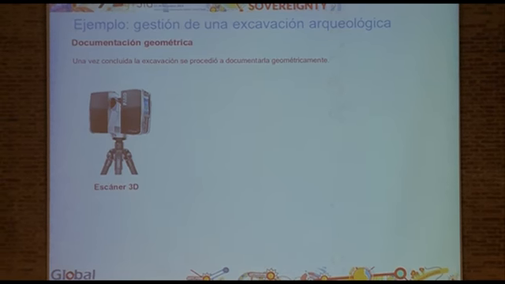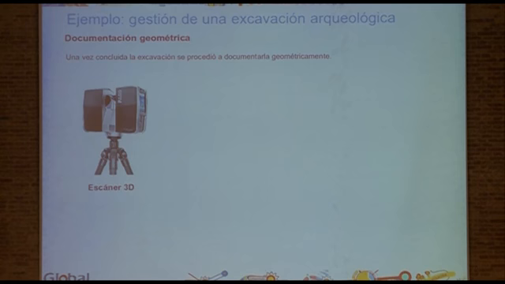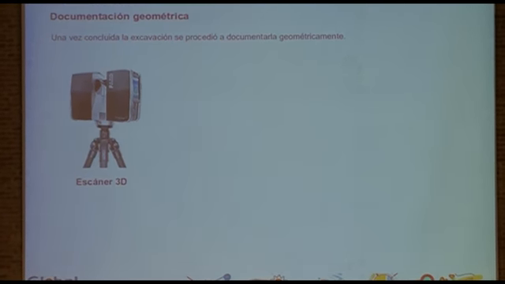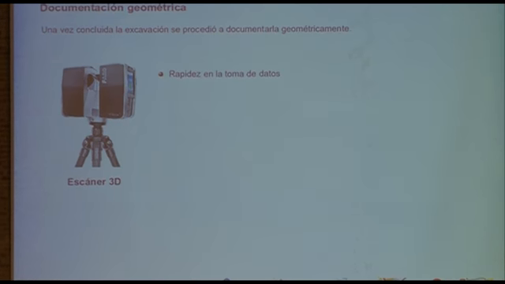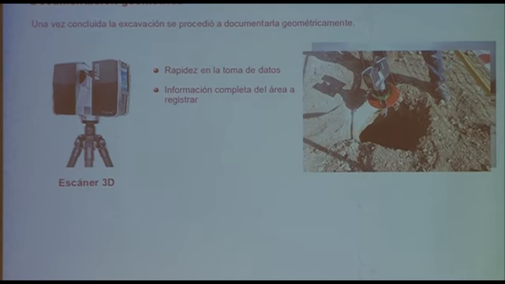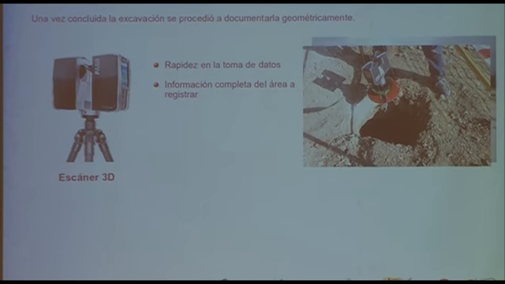We are a 3D geomatic company. We have our own scanner, so documentation could be faster and more complete. Data were collected a lot more quickly. All 3D geometry was caught, and we also had complete information on the area to be recorded.